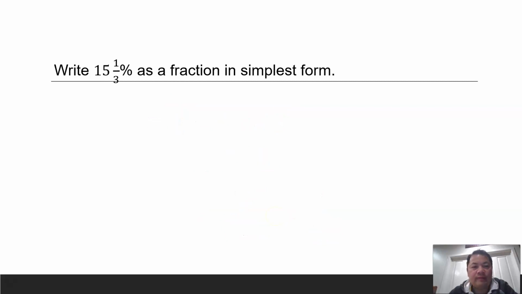Okay, moving on. Wow, even more challenging. So 15 and 1/3% as a fraction in the simplest form. So how can we actually go about solving this then? So first and foremost, I will have 15 and 1/3%.